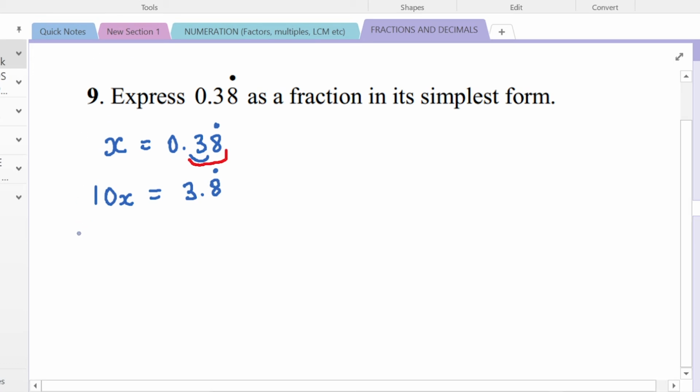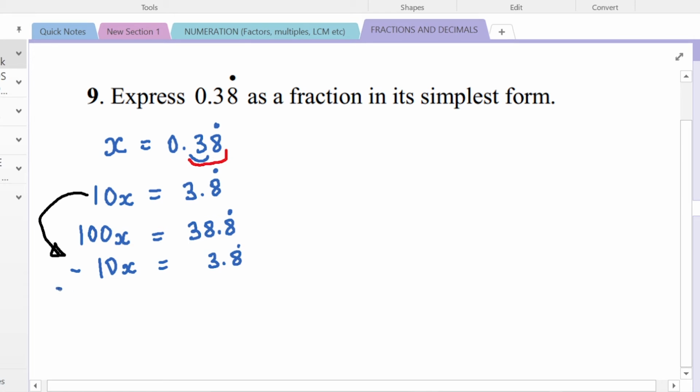So 100x is giving us 38.8. It's 8 that is recurring, so it's the same as saying 8, 8, 8, 8, whatever. So of course we shall bring the previous one and say minus 10x is equal to 3.8 recurring.